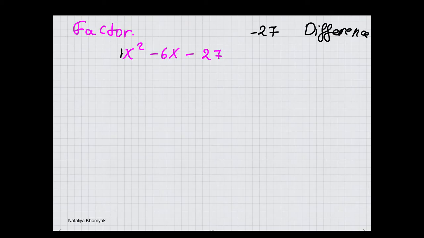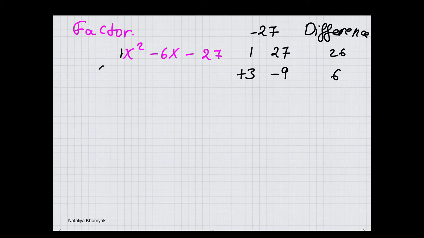I need two factors of 27 that have a difference of 6. 27 has two sets of factors, 1 and 27, and these have a difference of 26, which is too much. The second set is 3 and 9, and these have a difference of 6. We need more negatives, so this will be positive.